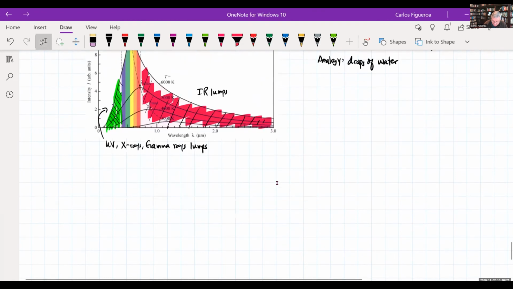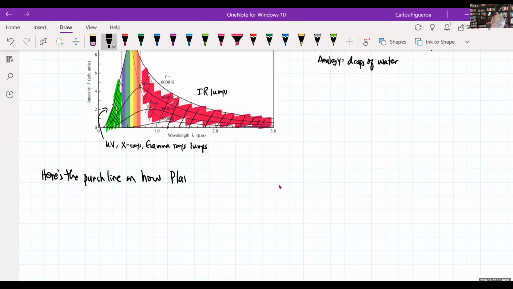So now, here's the punchline on how Planck solves the infinite energy problem, in other words, the ultraviolet catastrophe.